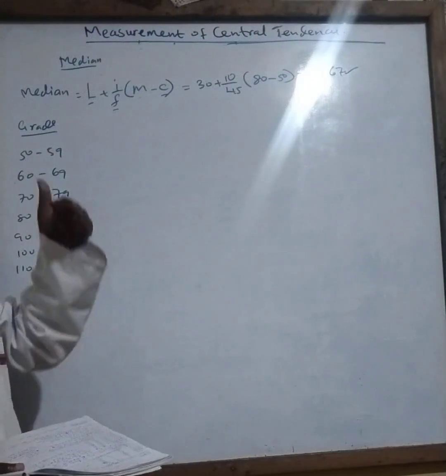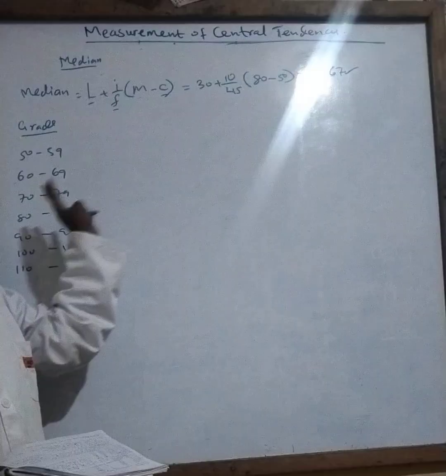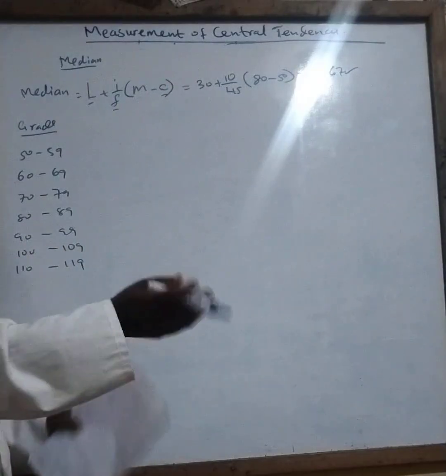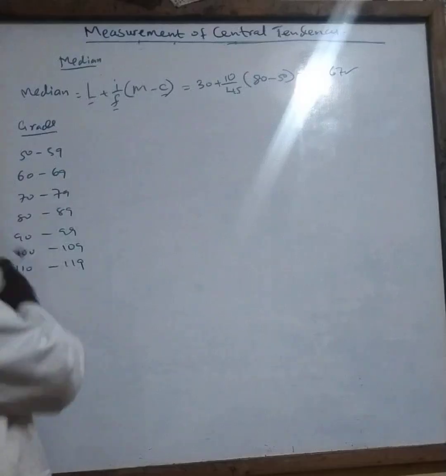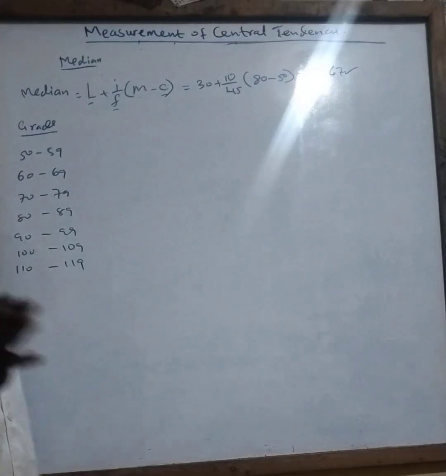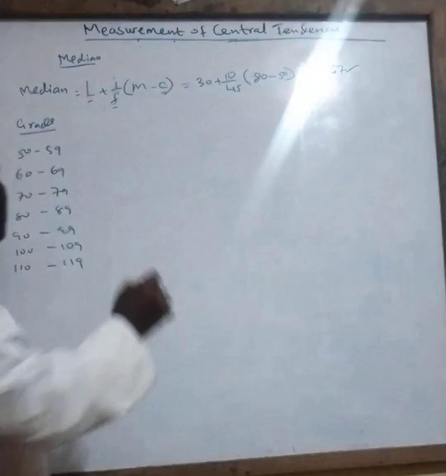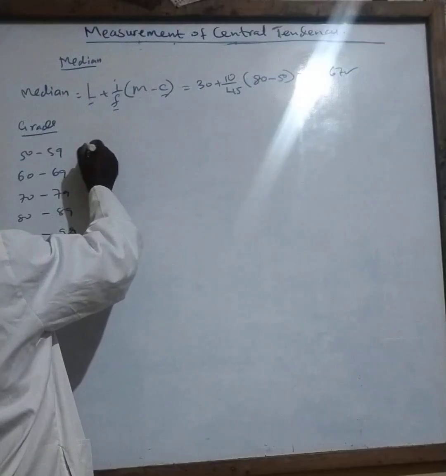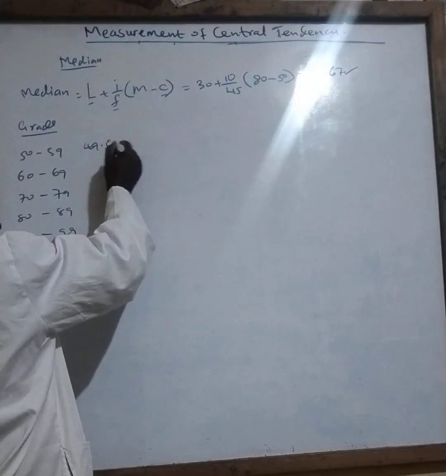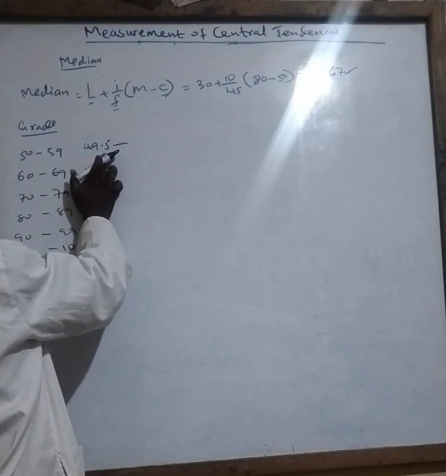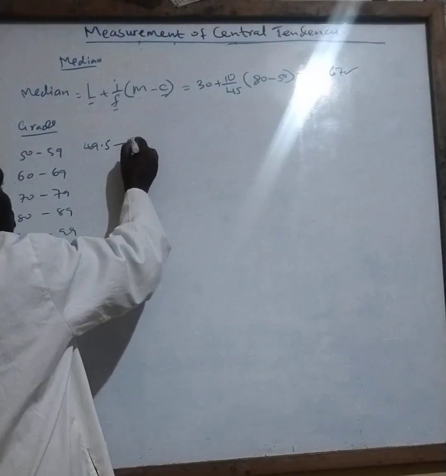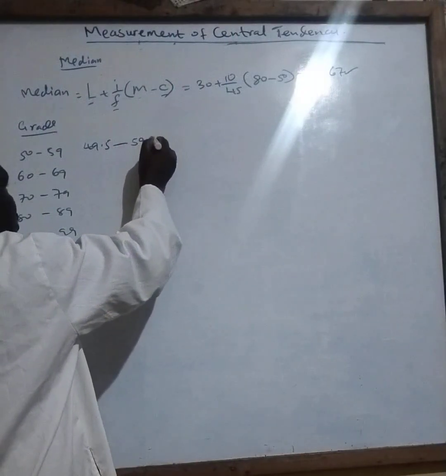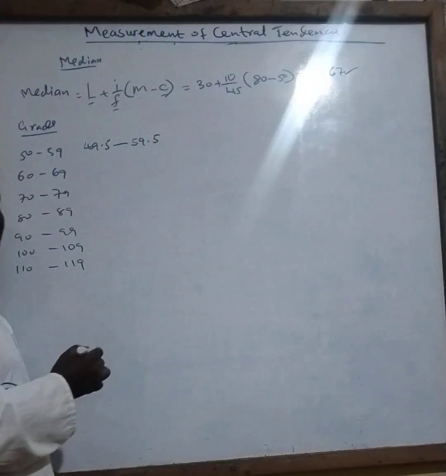Then you add 0.5 to the upper values, on your right-hand side, so that you now get your 10 value. For example, here it will be 49.5 to, since I have subtracted 0.5 to get 49.5, then this one I will add 0.5, which will give me that figure.